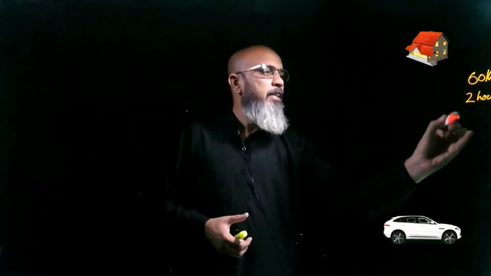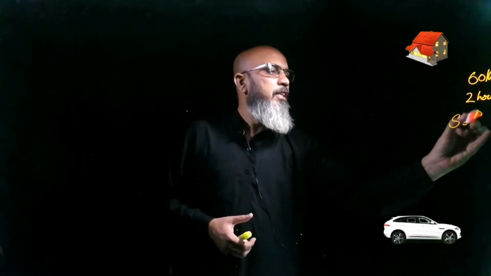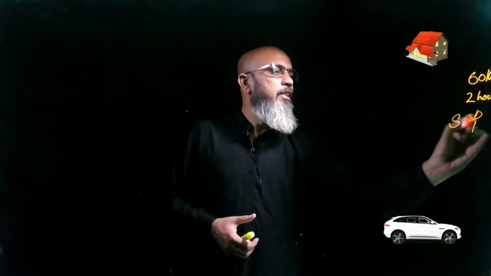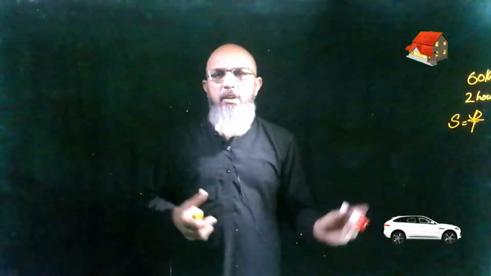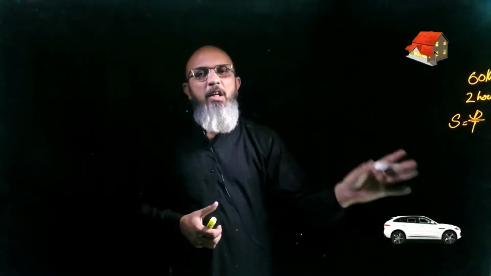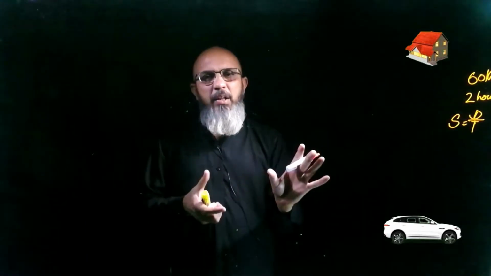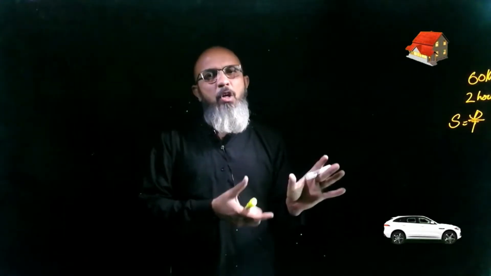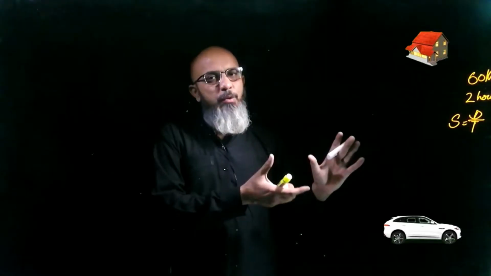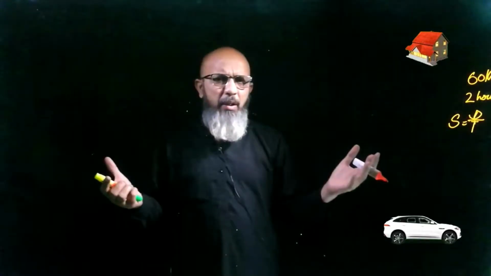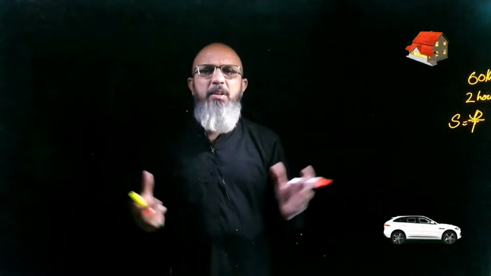It's very easy: speed is equal to distance divided by time. The distance is 60 kilometer and you travel in 2 hours, so your speed is 60 divided by 2. You travel this distance at 30 kilometer per hour. That is your speed. You already did these questions in previous classes.